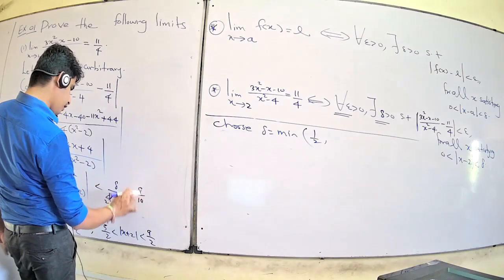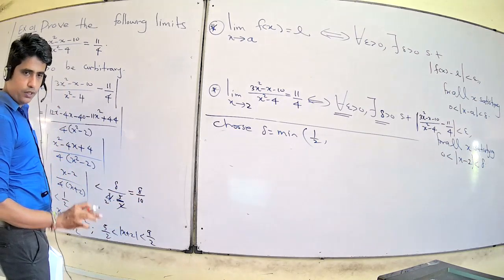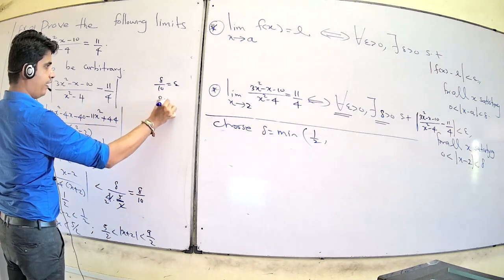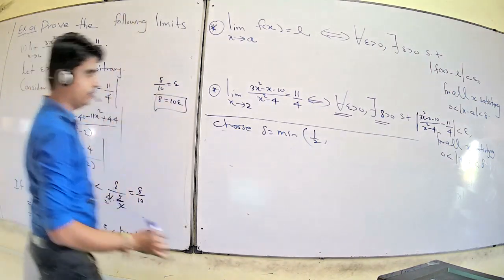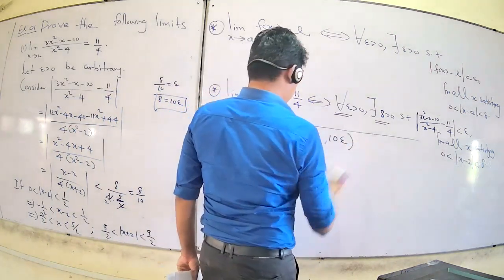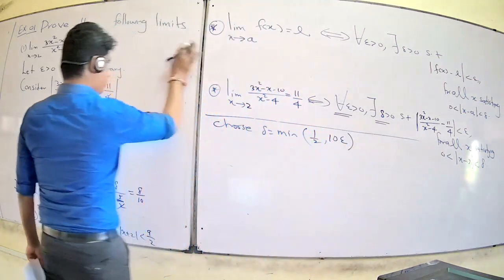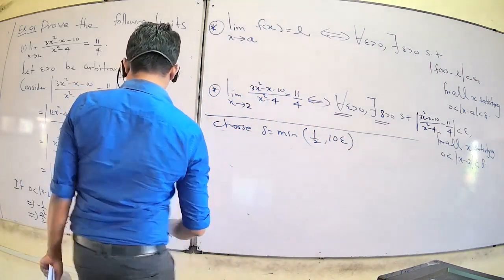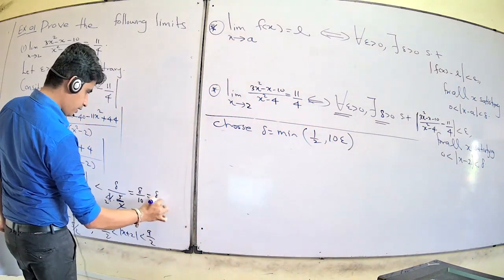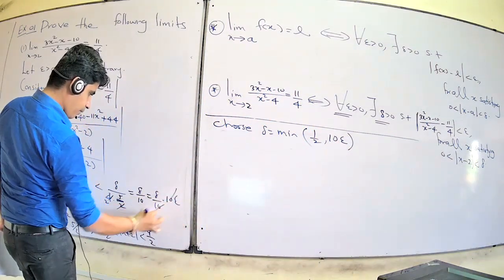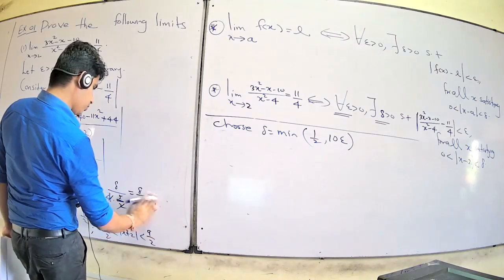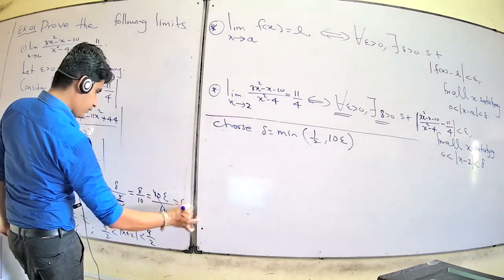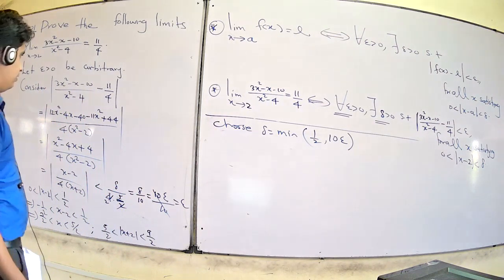But you want to prove that delta over 10 equals epsilon, okay? Delta over 10 equals epsilon, therefore you want to choose your delta value equal to 10 epsilon. Then with 10 epsilon, delta over 10 gives 10 epsilon over 10, the 10's cancel, you will get epsilon, okay, right.